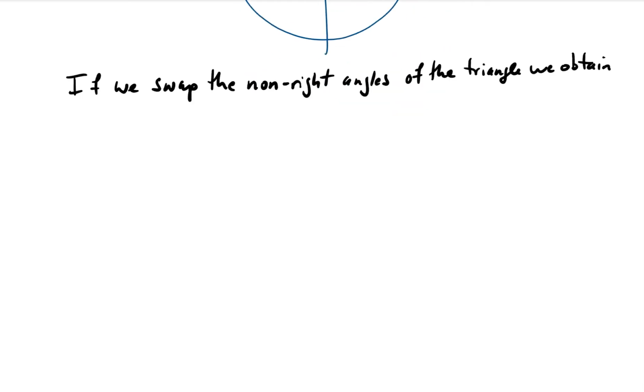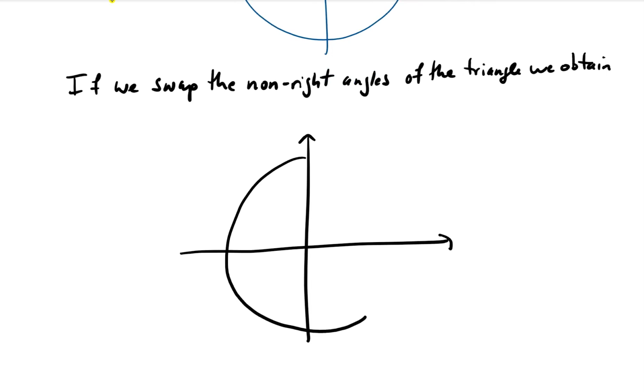The figure is as follows. You've got again your unit circle, but now theta is here, and this is pi over 2 minus theta.